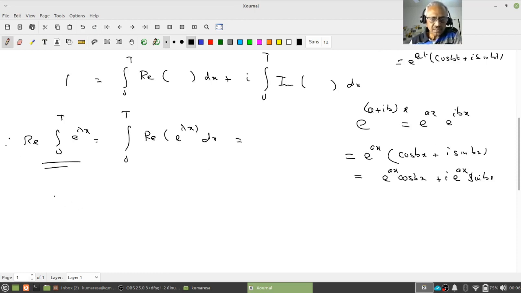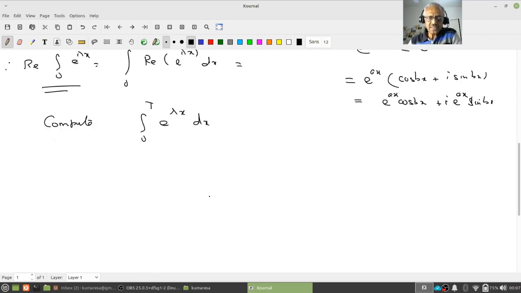So the idea is to compute the integral from 0 to t of e power lambda x dx. But that's very easy. What is that? We know that d by dx of e power lambda x by lambda is e power lambda x. Remember, lambda is non-zero, a complex number which is non-zero, therefore this makes sense.